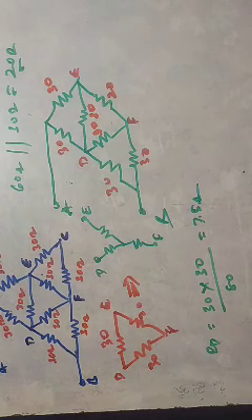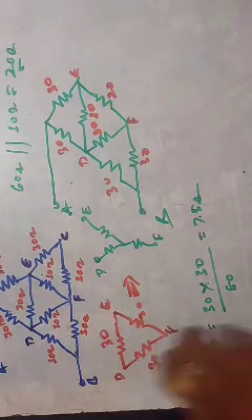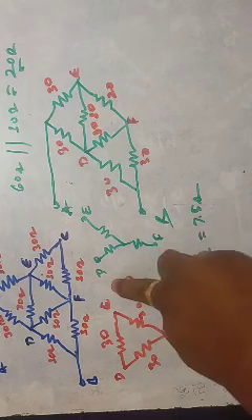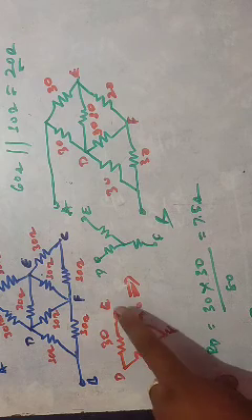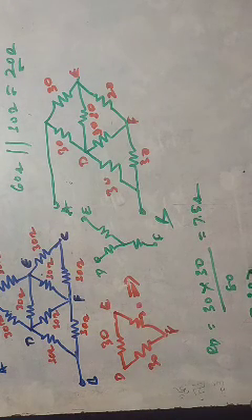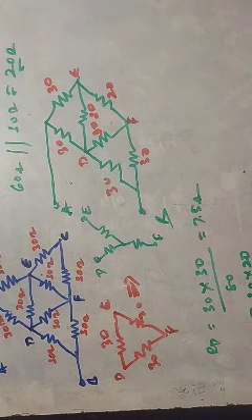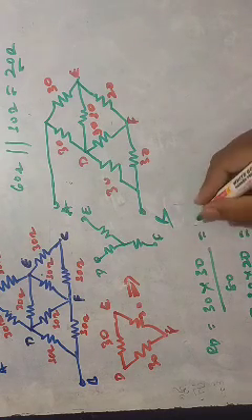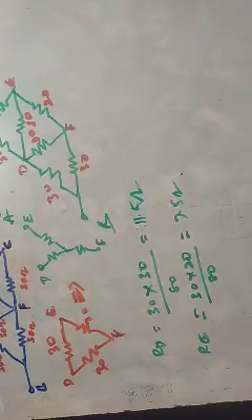Now RE, the resistance due to this. See that you hold here E. For RE we got 30 as well as 20. The 30 is connected to the E, 20 is also connected to the E. So 30 into 20 divided by the total delta values, 30 plus 30 plus 20, that is 80, and the answer is 7.5.